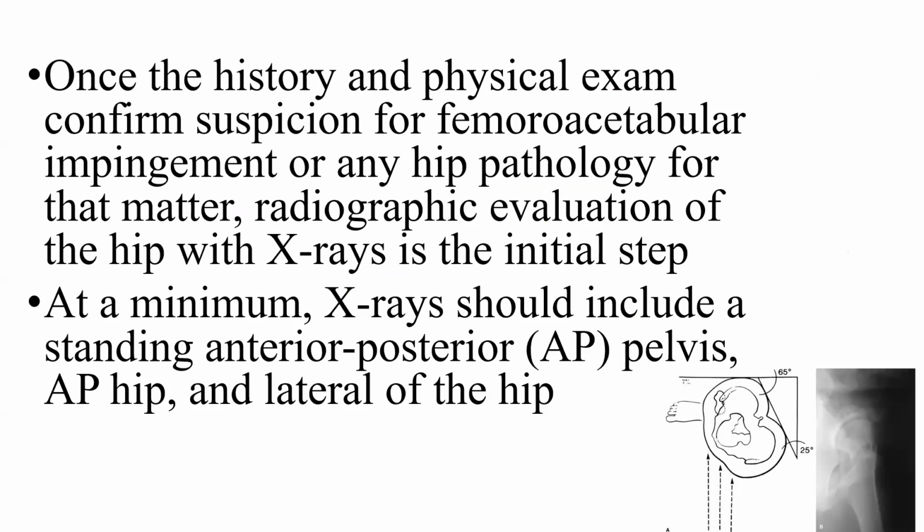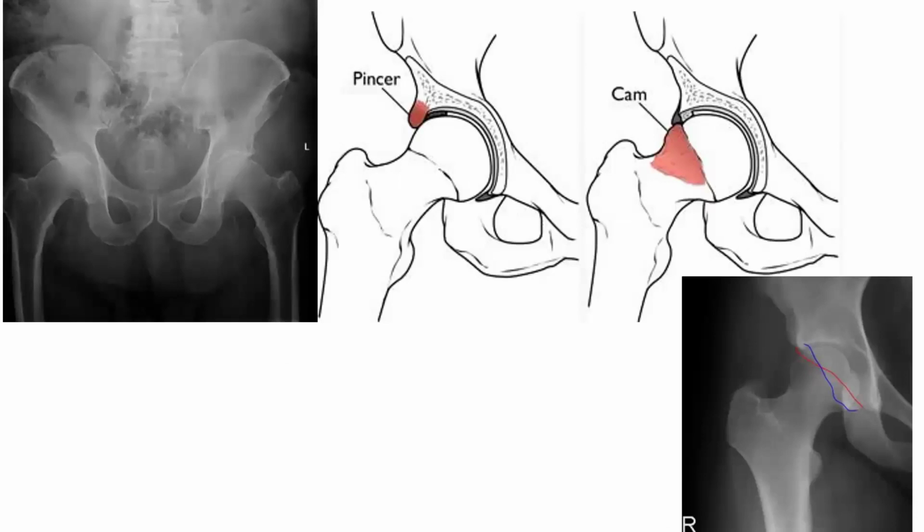At a minimum, X-rays should include a standing anterior-posterior view of the pelvis, an AP of the hip, a lateral of the hip, and I believe a lot in the full profile view. So as to demonstrate the pincer, which is marked in brown, and the CAM, which is again in brown.